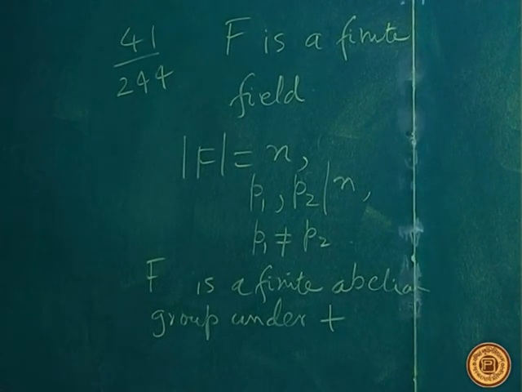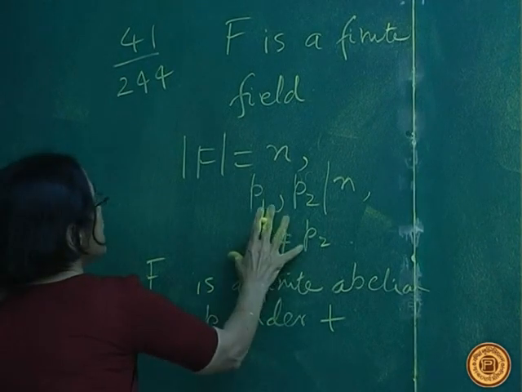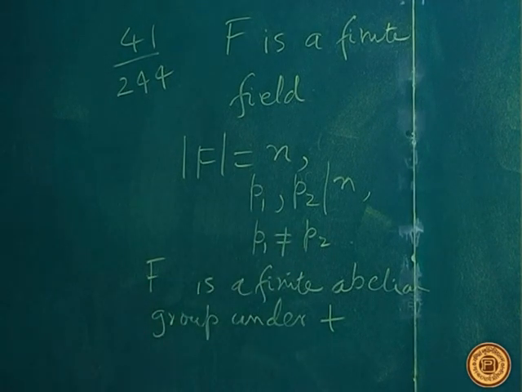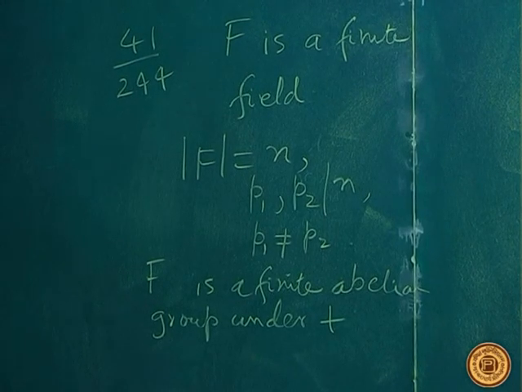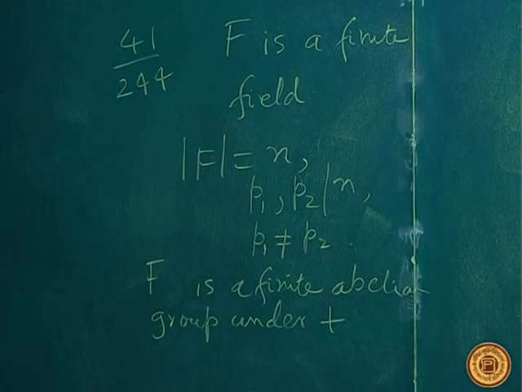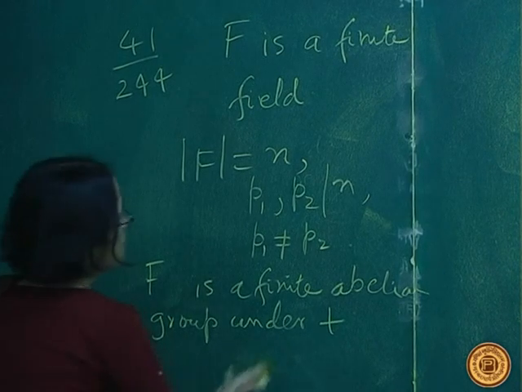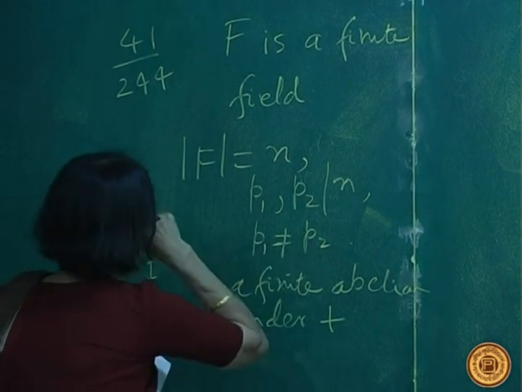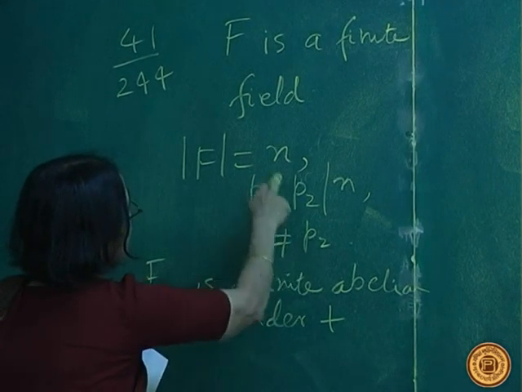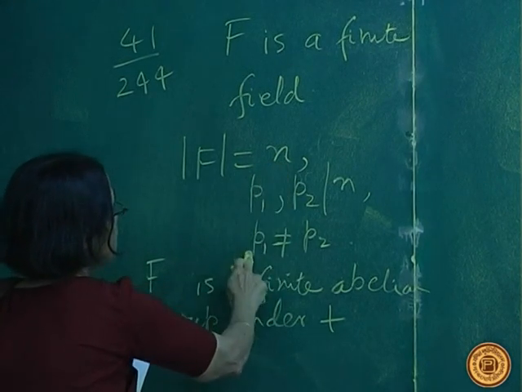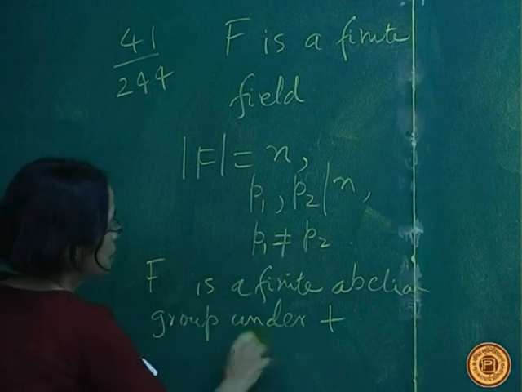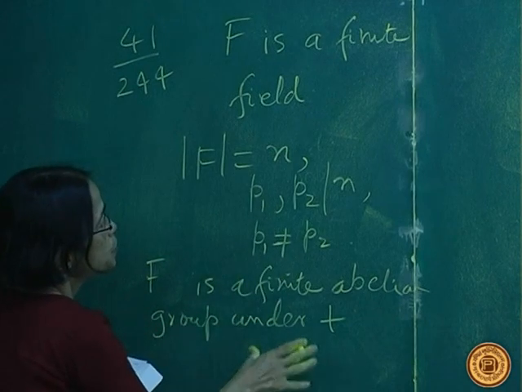And p1 and p2 being two different primes, that is going to give you problems with the characteristic of the field. F is a finite field, so the characteristic has to be a prime. Which prime will it be, p1 or p2? If there are two different primes dividing n, then there will be two different primes dividing those factor groups, and that will give you trouble.